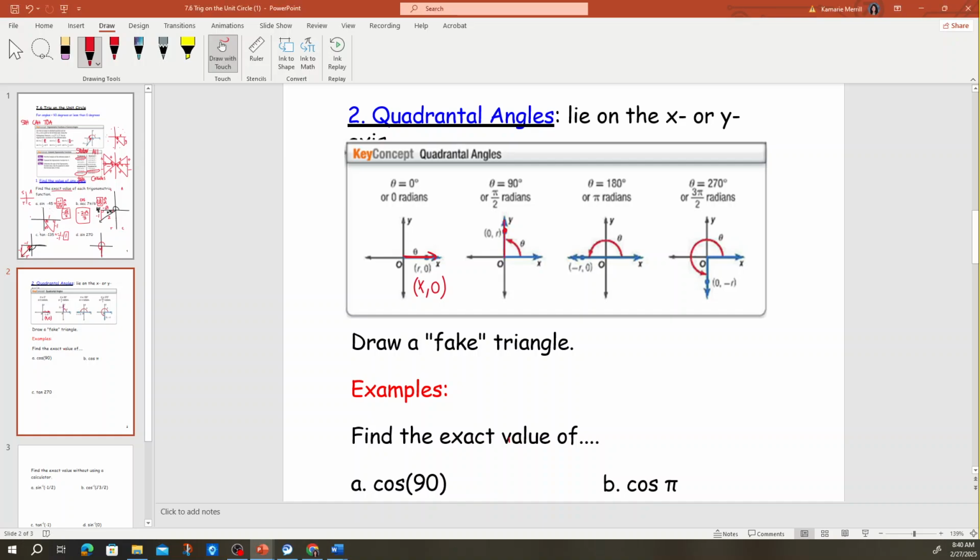When it's on the y-axis, the x is now 0, and whatever your radius of your circle is, it's the y coordinate, okay? If it rotates 180 degrees or pi, it's now at negative whatever the radius of your circle is. And so it's a negative x coordinate, and y is 0. And then if it rotates 270, the one we just skipped, x is 0, and y is negative.